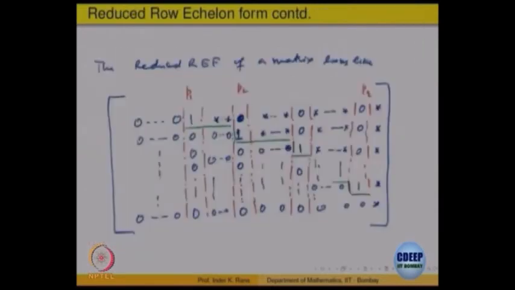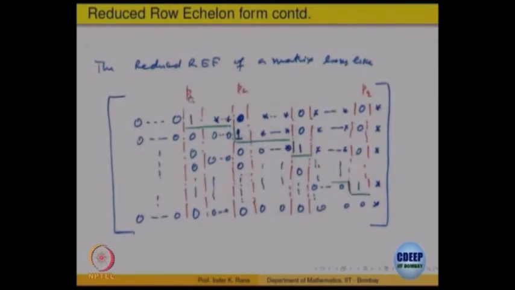So, this is what the reduced row echelon form will look like, just a picture for the general one. There may be some columns which are all 0, does not matter. The first row will have a non-zero entry at a place P1, the first pivot is 1 and coming at a place P1. There may be something in between, 0 or non-zero, we do not bother about that, but the non-zero entry in the second row is again 1, comes at the column number P2, right.